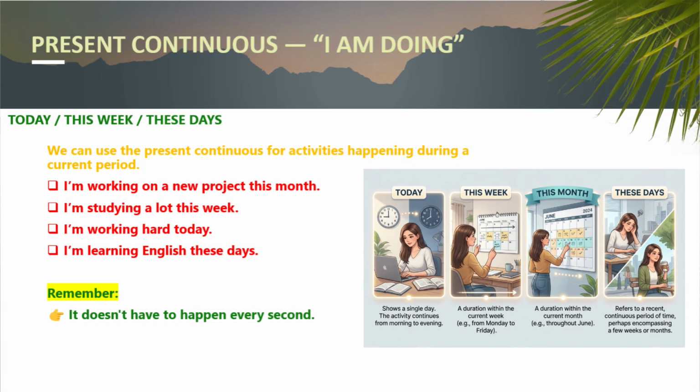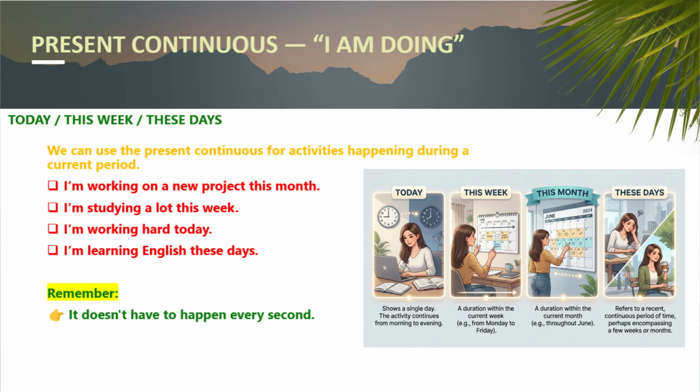Another important use of the present continuous is for activities happening during a current period, such as today, this week, this month, or these days. For example, you might say, "I'm working hard today." This doesn't mean you are working every single second today.